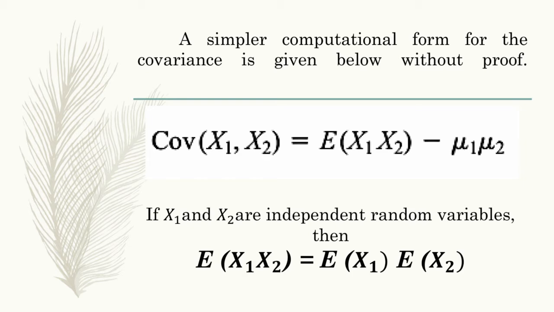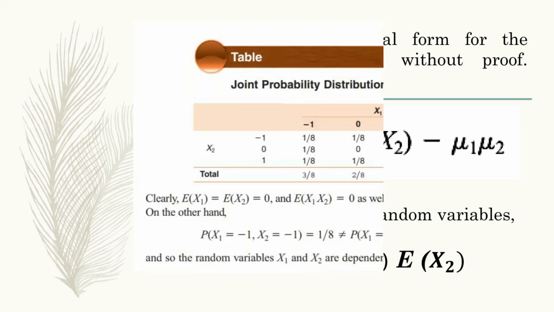From the computational form of covariance, it is clear that independence between x sub 1 and x sub 2 implies that covariance of x sub 1, x sub 2 is equal to 0. The converse is not necessarily true. That is, zero covariance does not imply that the variables are independent. To see this, look at the joint distribution in the table.